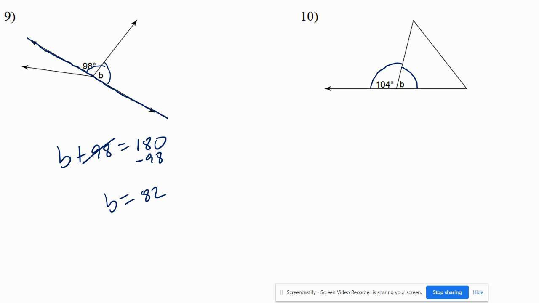Look, I didn't put them right next to each other, but look, it makes half of a circle. It's the angle of a line. So I know that 104 plus B, because I add those two angles, equals 180. To solve for B, let me subtract 104. In this case, B equals 76. So it's very simple.